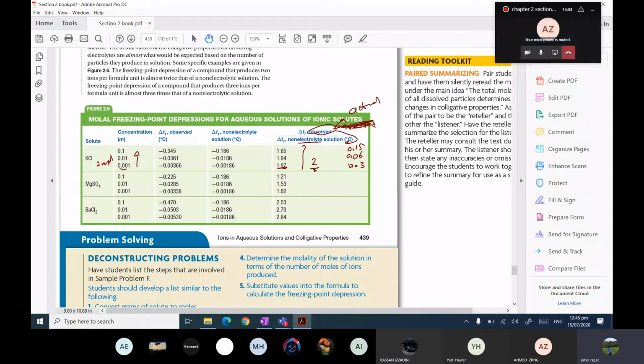For example, for KCl, for this concentration, this is observed, this is actual. But calculated would be minus 0.00372. If we had calculated before, it would have been 374 instead of 366.